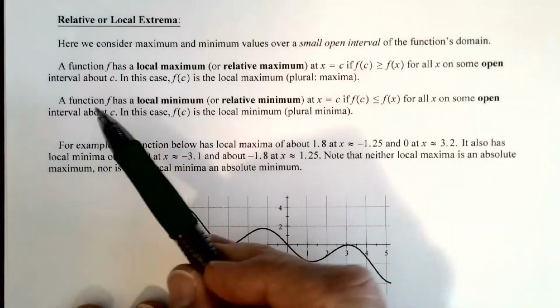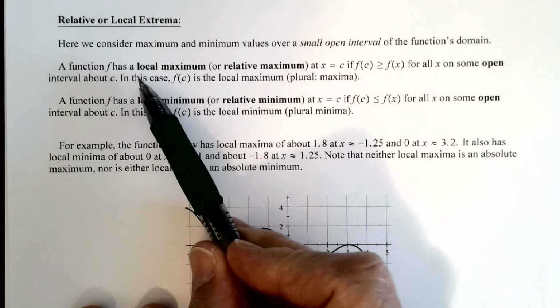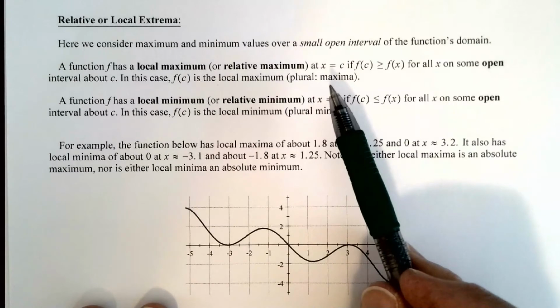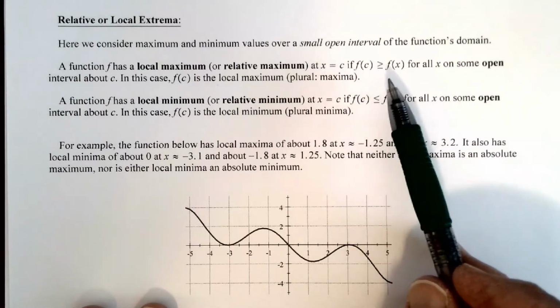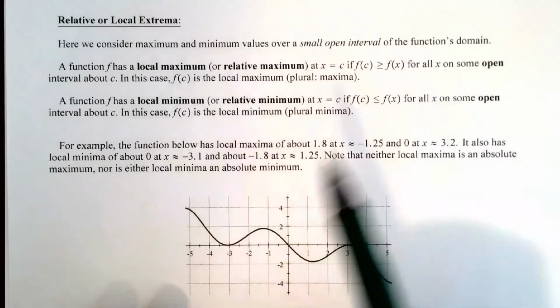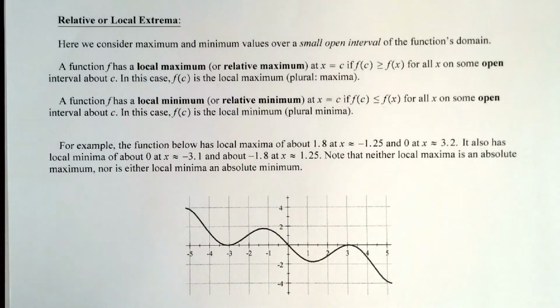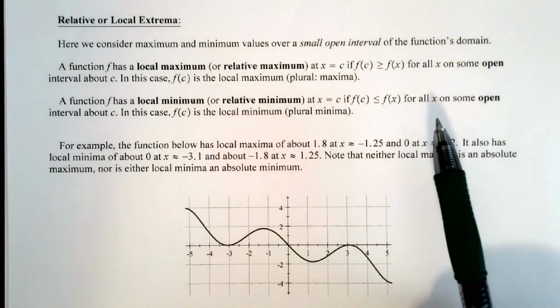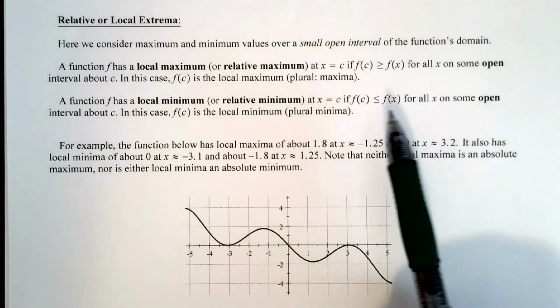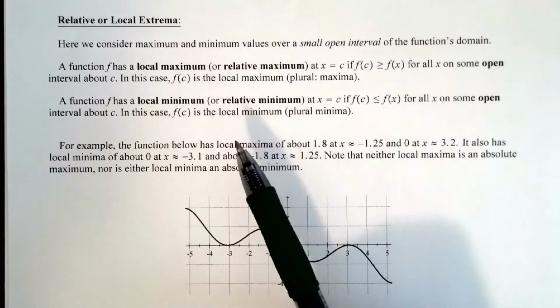So we will say f has a local or relative maximum at x equals c if f of c is greater than or equal to f of x for all x on that open interval, and in that case f of c is a local maximum. Similarly, we have a definition for a local minimum: if for all x in that open interval, f of c is less than or equal to f of x, then f of c is a local minimum.